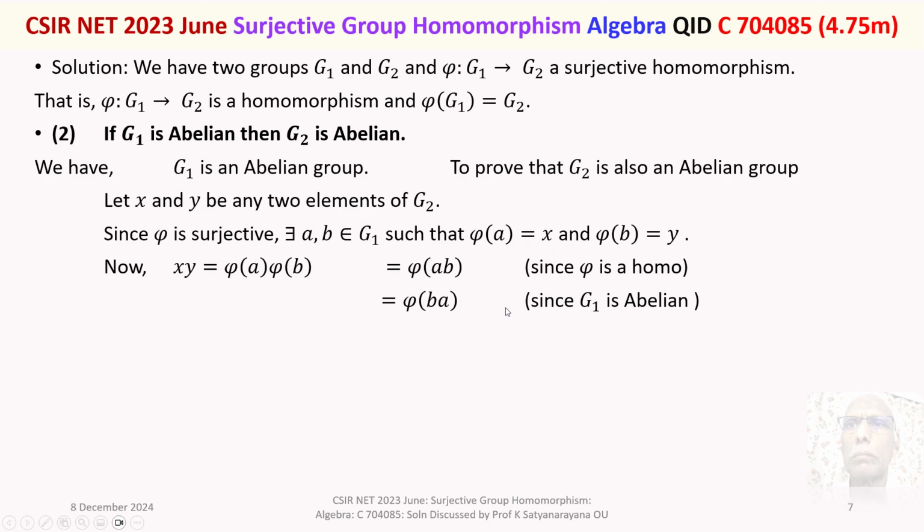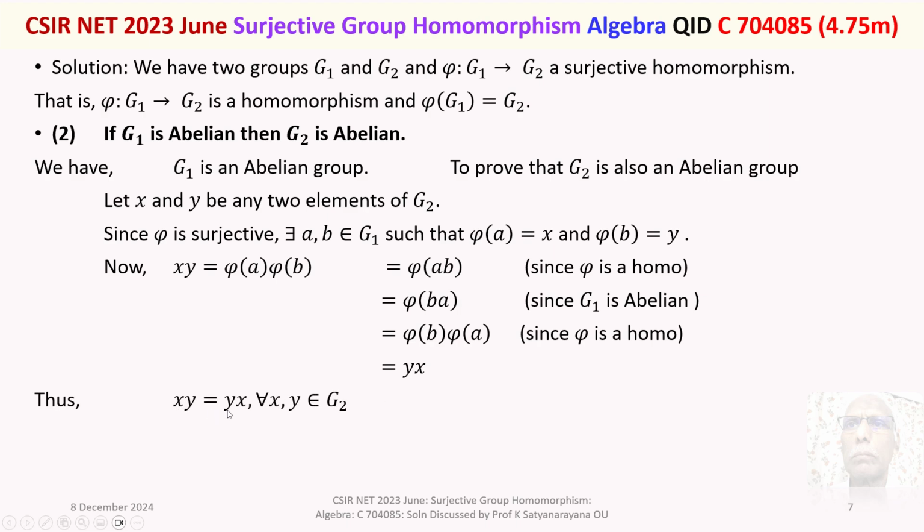Now phi is a homomorphism. Therefore, phi of ba is equal to phi of b times phi of a. Phi of b is y, phi of a is x. Thus we have proved xy is equal to yx. How are x and y taken? For any two elements. Therefore, every pair of elements commute in G2.